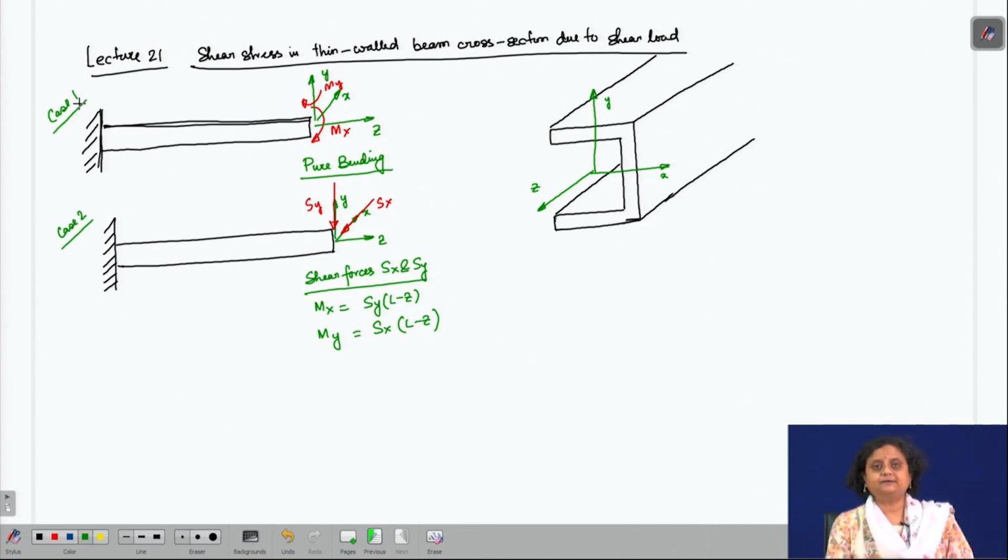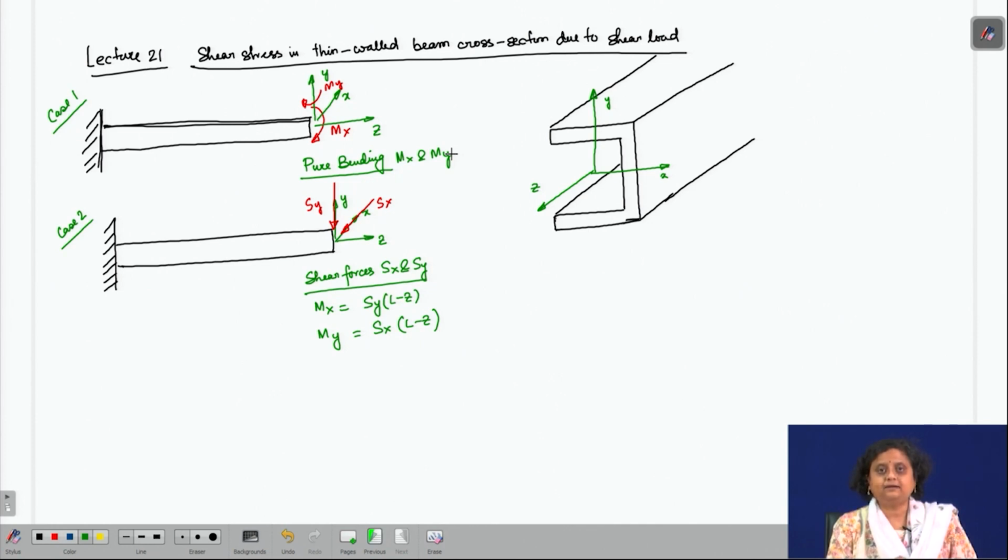In the first case, the only external thing acting on the beam is pure bending moment Mx and My. But in the next case, the applied excitations are the shear forces Sx and Sy.